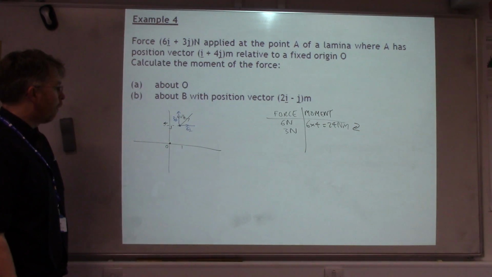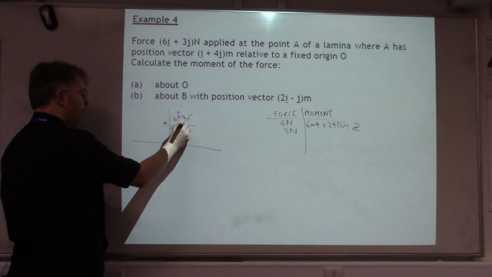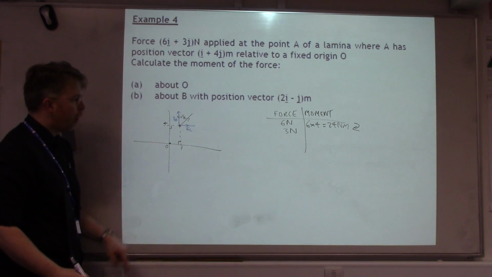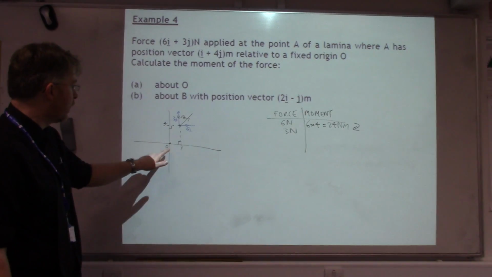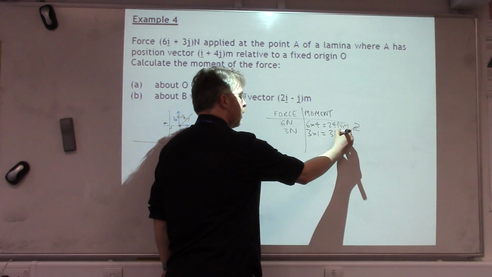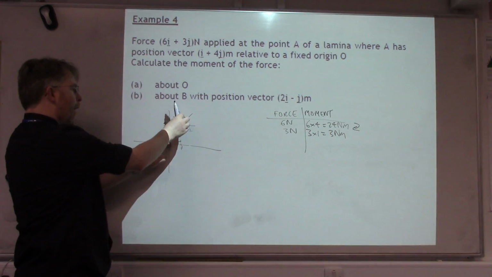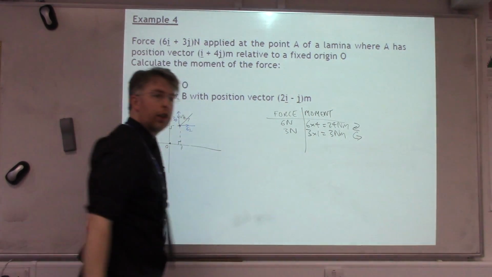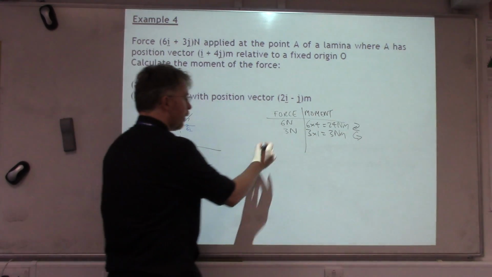Then the 3 Newton force, again, extend the line of action, it's perpendicular there, so it's 1 across, so the perpendicular distance is 1, so 3 times 1 equals 3 Newton metres. And if we spin that force around, it would spin the other way, which is anti-clockwise.